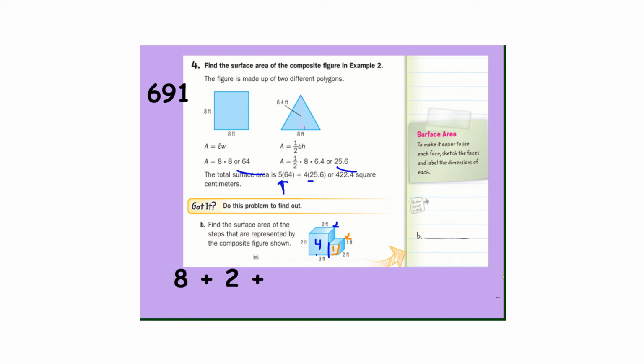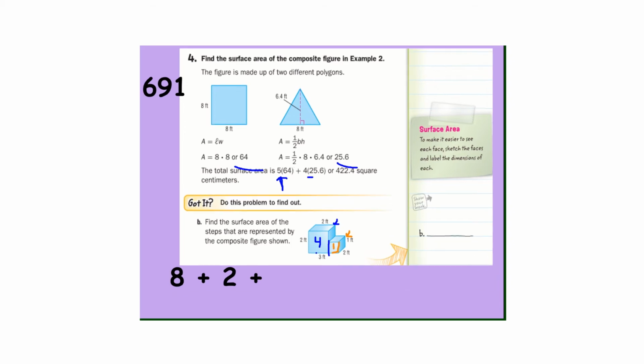Next, let's try the back side here. So I'll do red. So the back side, this is 2 and this is 2. So we have 4. Now I want you to picture the front, the right hand side.